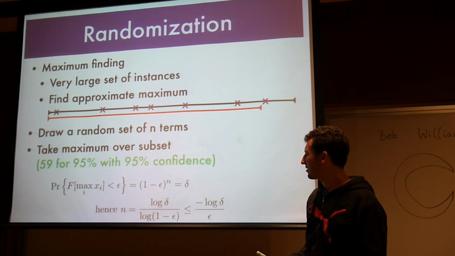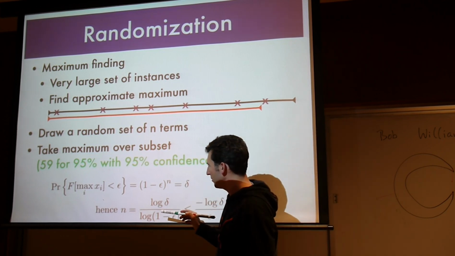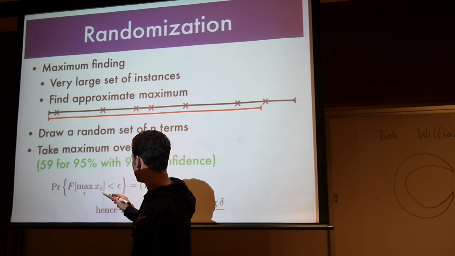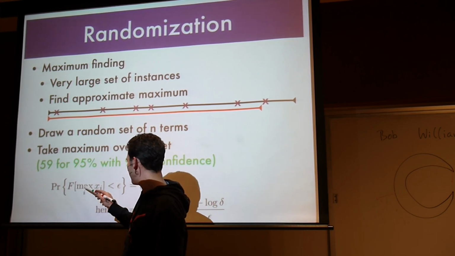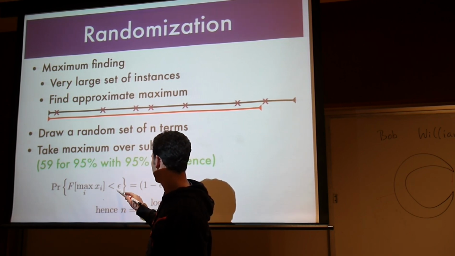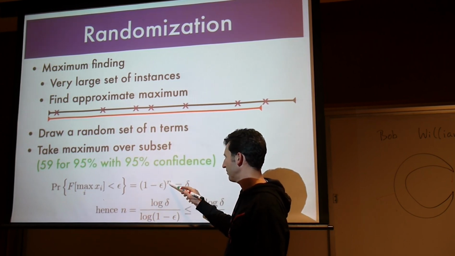Now, let's just derive this thing, because it's so easy. We just look at the cumulative distribution function. And the probability that the CDF is less than epsilon is just (1 minus epsilon) to the n. That's delta.